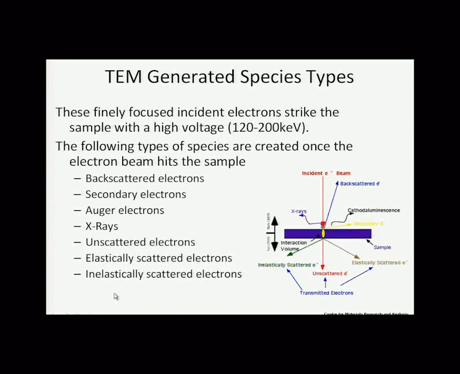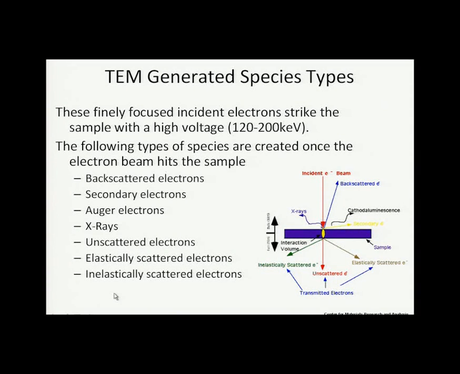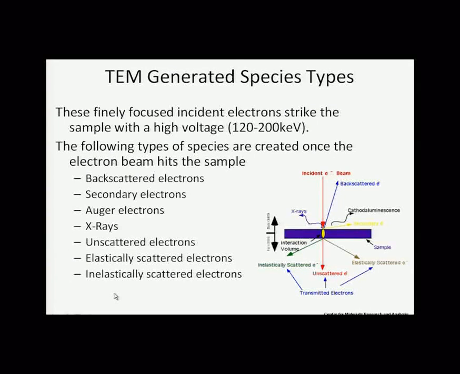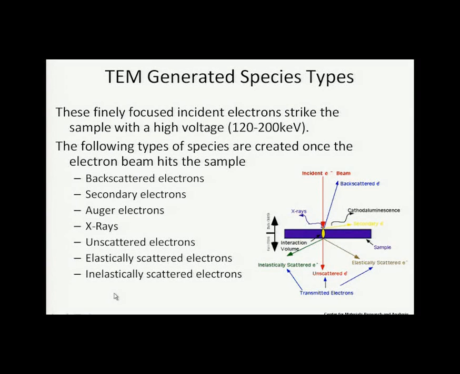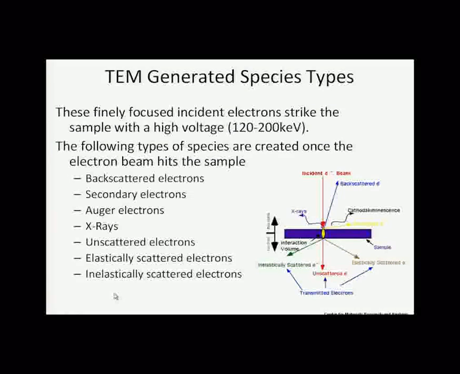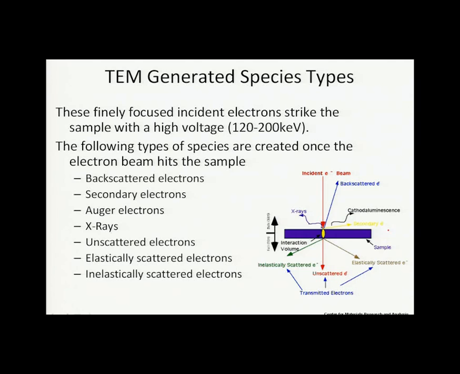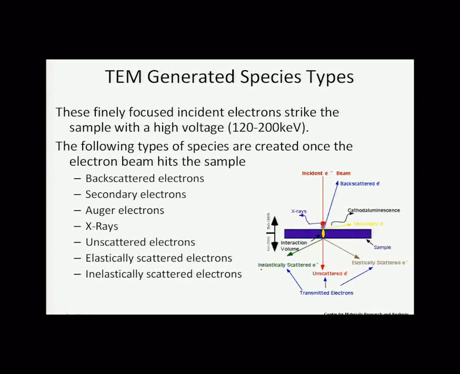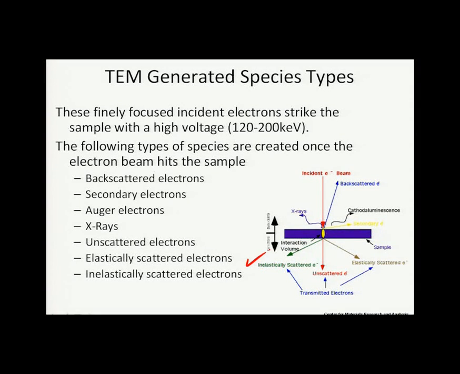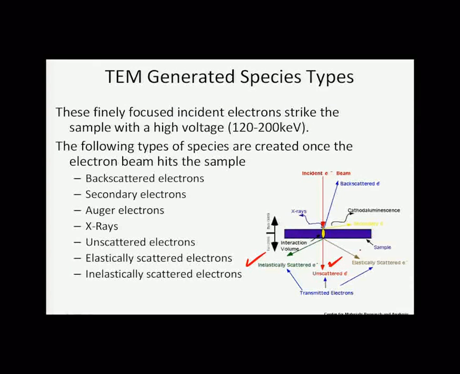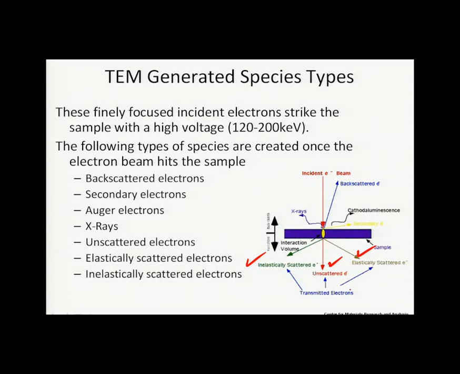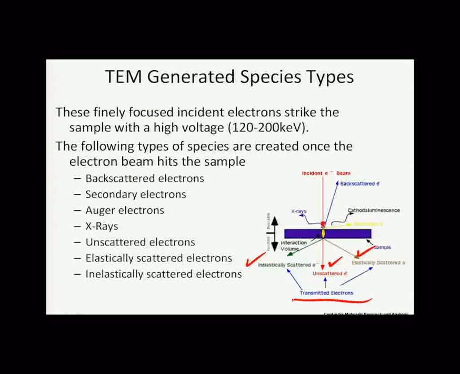These include backscattered electrons, secondary electrons, Auger electrons, which we already discussed, but also X-rays, unscattered electrons, elastically scattered electrons, and inelastically scattered electrons. So now if you look below our sample, we see the inelastically scattered electrons, unscattered electrons, elastically scattered electrons, and these are all part of a larger group known as the transmitted electrons.